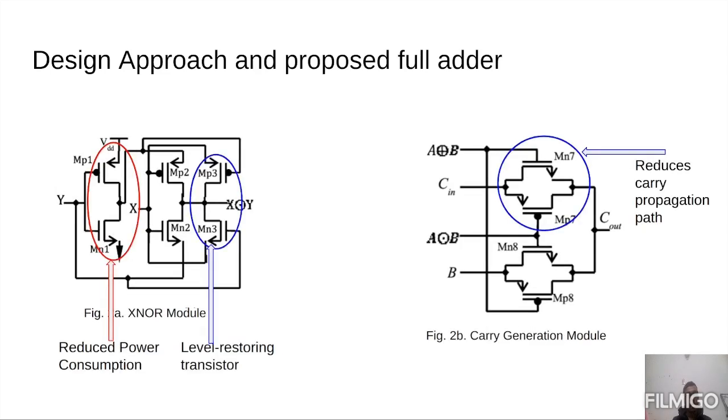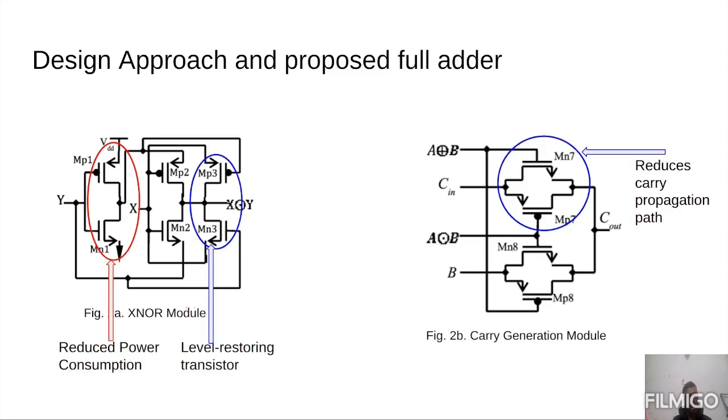In the XNOR module, the first pair, MP1 and MN1, are basically weak inverters, and MP2 and MN2 are also the same. These are the weak inverters.